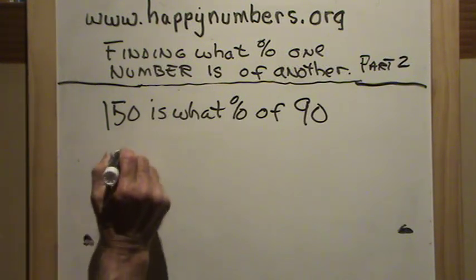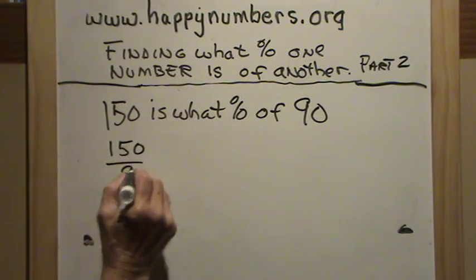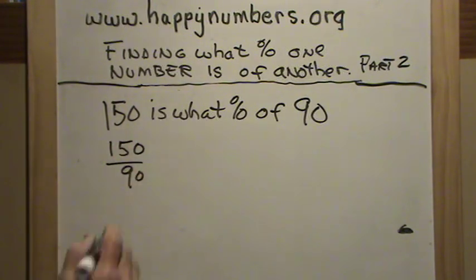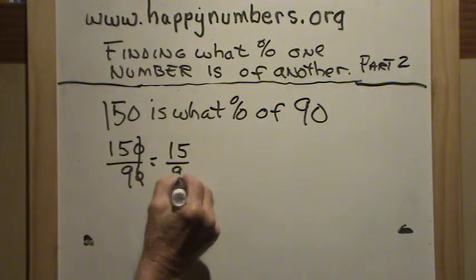Okay, let's take a look. 150 over 90. Now we know we can just cross these zeros out. So we have 15 over 9.